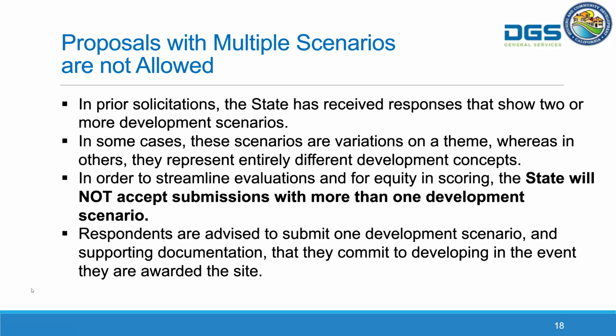That doesn't mean phases. We're just talking about different concepts or schemes. You can't provide more than one development scenario. Respondents are advised to submit one development scenario and supporting documentation that they commit to developing in the event that they are awarded the site. Next slide.